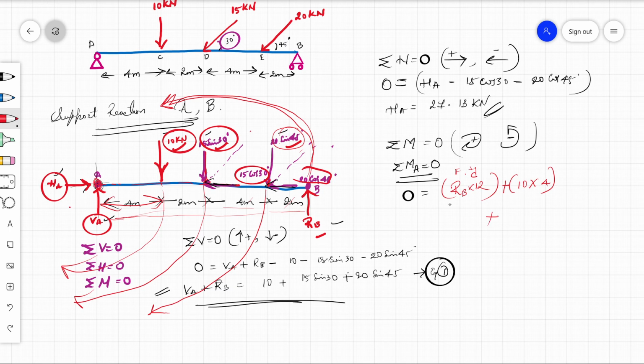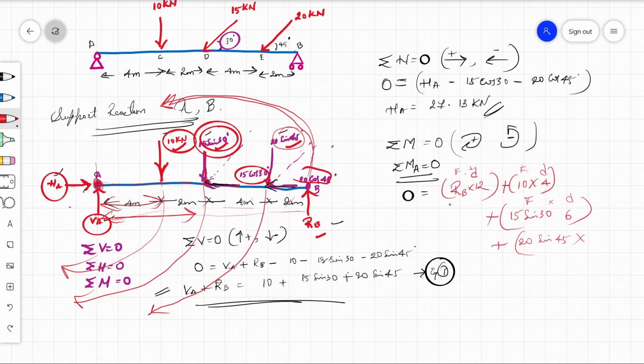And the next force is 15 sin 30, which is making a clockwise rotation, force F into D, the distance, and this is the distance, that is 6. And the last one is 20 sin 45.